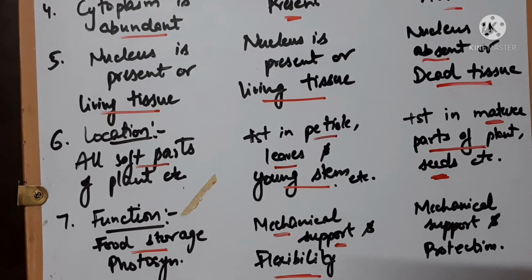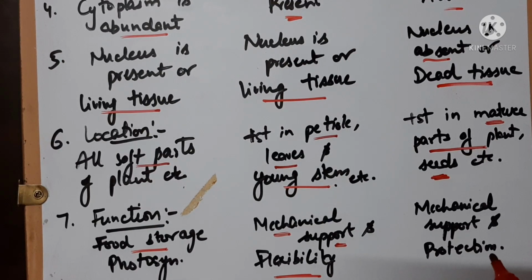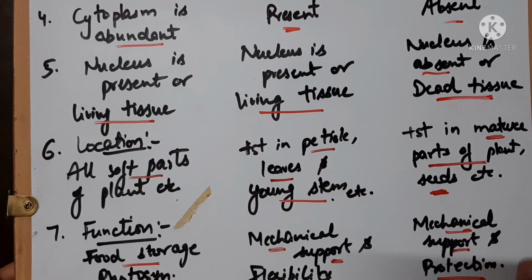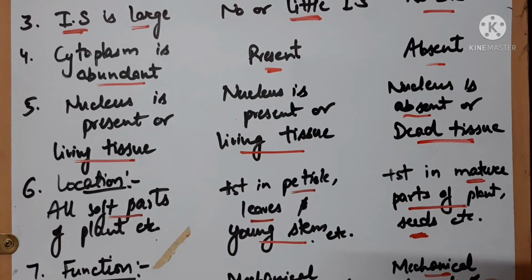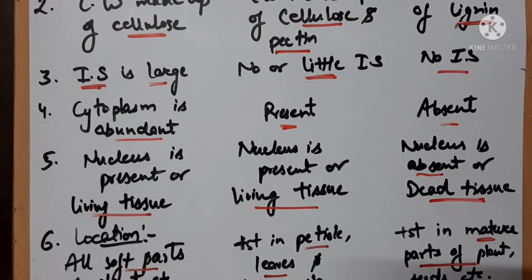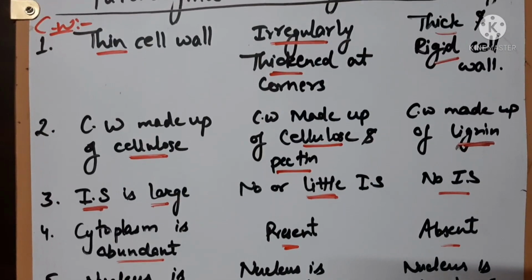Flexibility means it prevents the parts of the plant from breaking while they bend, right? And the sclerenchyma provides mechanical support and also protection. So these were the differences between parenchyma, collenchyma and sclerenchyma. I hope you all have it clear up to here. These are very important. Please make notes of this.